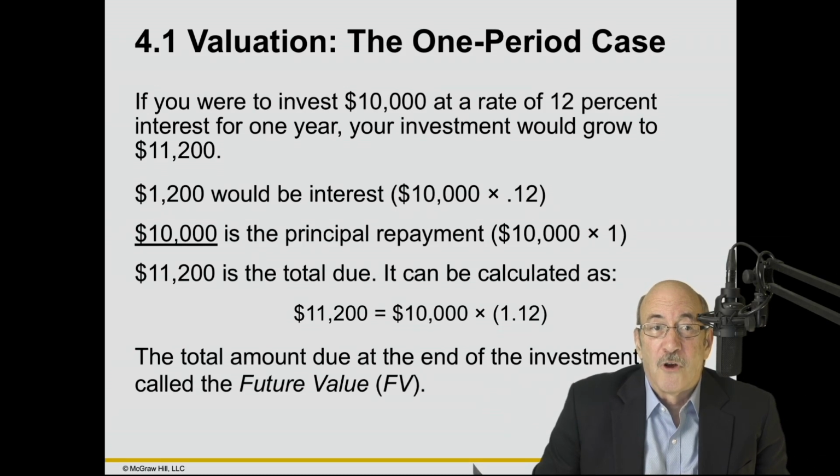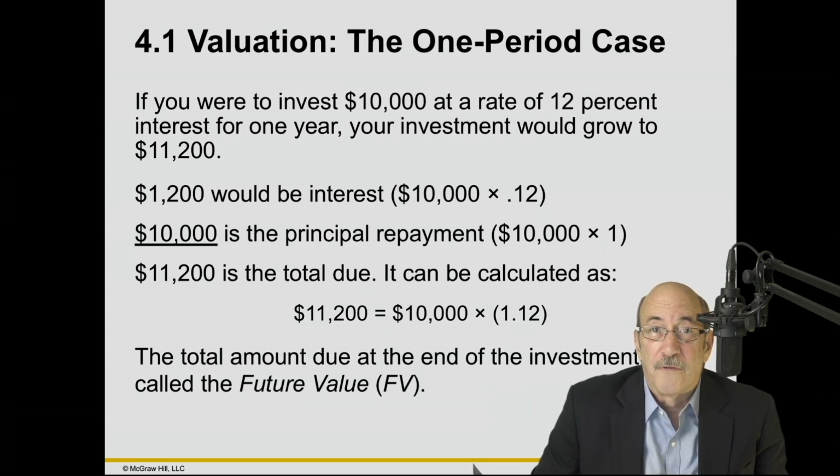All right. So one period case, here's an example. Suppose that we're going to invest $10,000 at a rate of 12% a year for 1 year. We expect our investment to grow to $11,200.